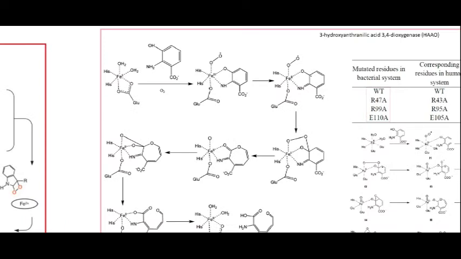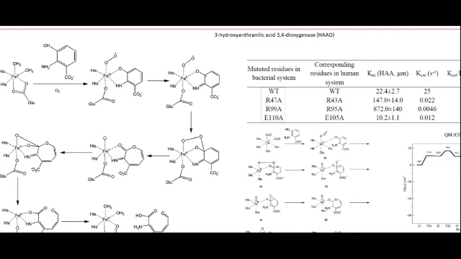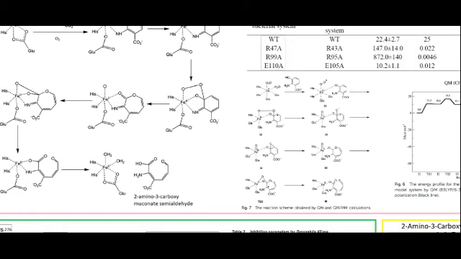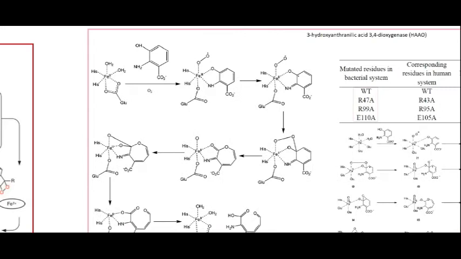I'm going to go through this larger one here. It's just a little bit easier to see. They're a little bit different. We can see that this one has this radical here, where this has it here in the same place, but then this has another radical later on where this one does not. But the mechanisms are very similar.